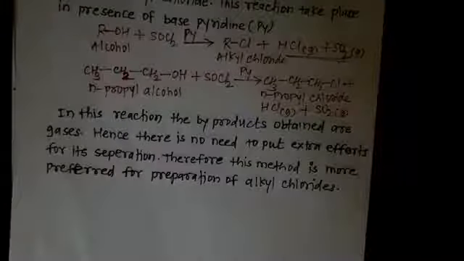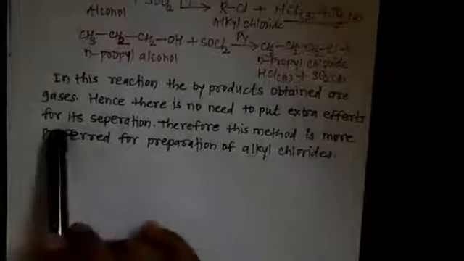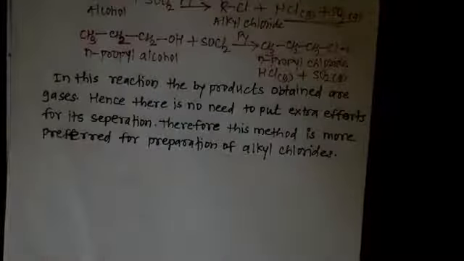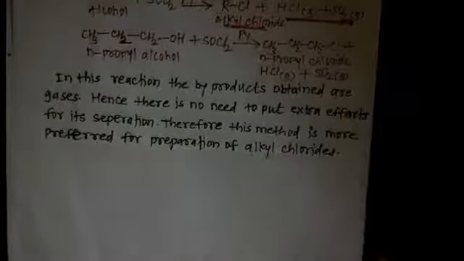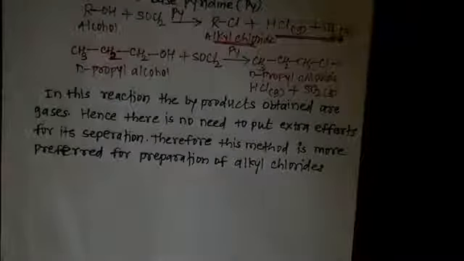Here in this reaction there are two byproducts formed and both are obtained in the gaseous phase. Hence there is no need of any extra effort for the separation of alkyl chloride from these byproducts. It is quite easy to separate the alkyl chloride and byproducts because byproducts are gaseous and they easily expel out from the reaction mixture.